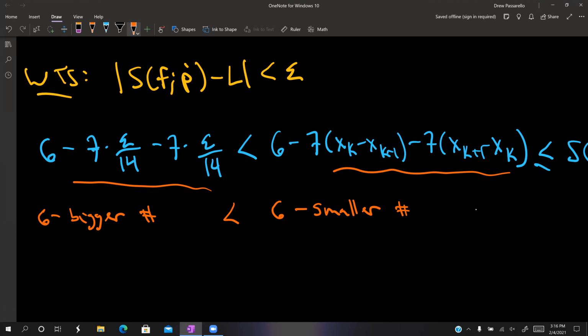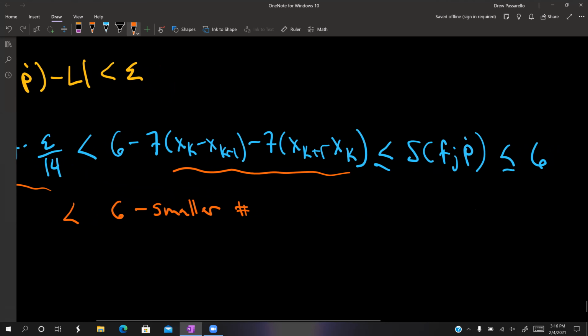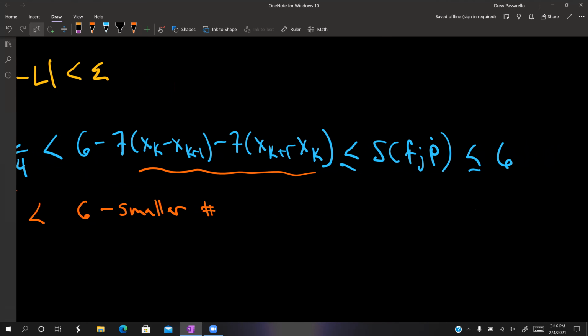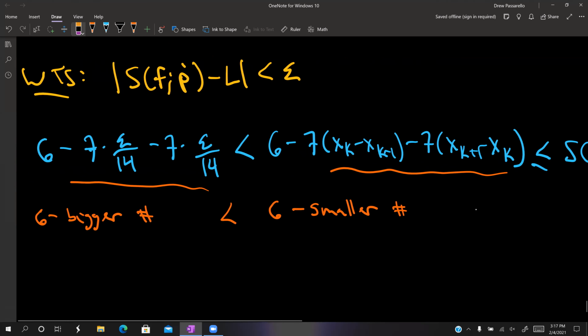And so that difference that I have on the left is a smaller difference than the next inequalities. But then that inequality is basically my Riemann sum. That's less than or equal to S of Fp, where P is the partition, and we know that the maximum of that was 6 when 1 was not a tag, so that's less than or equal to 6. All right, so hopefully that logic makes sense.